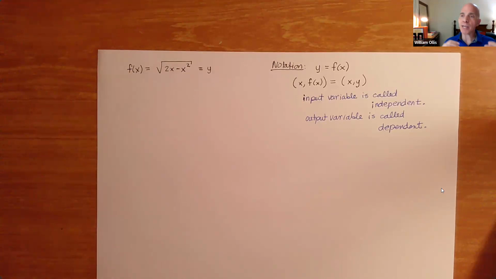No, whatever letters, whatever notation is presented to you, that defines the independent variable. And then whatever you get by evaluating the function gives you the output or the dependent variable, okay? So if we put in a specific value for x, we get a specific value output. So the output depends on the input.